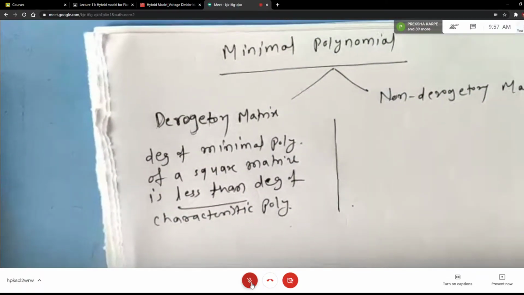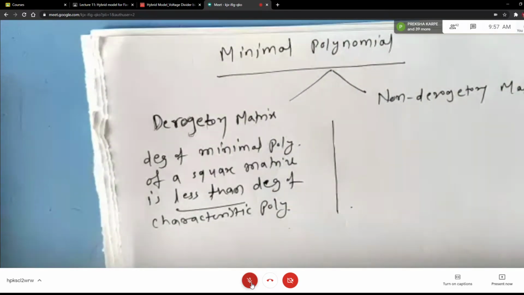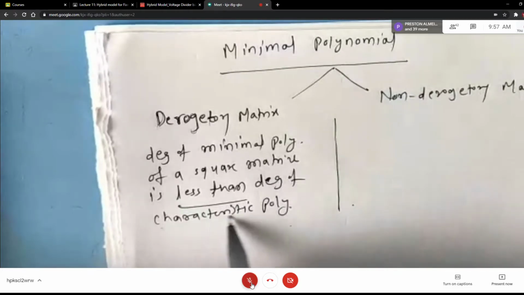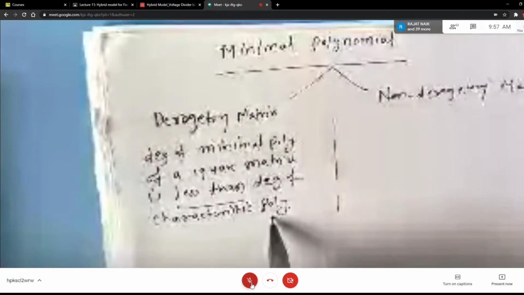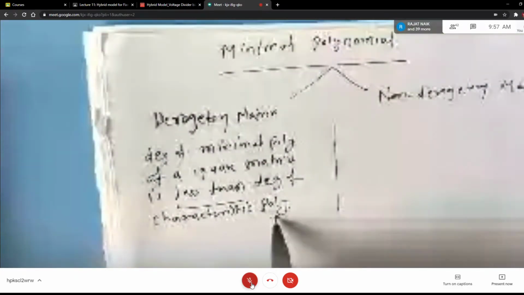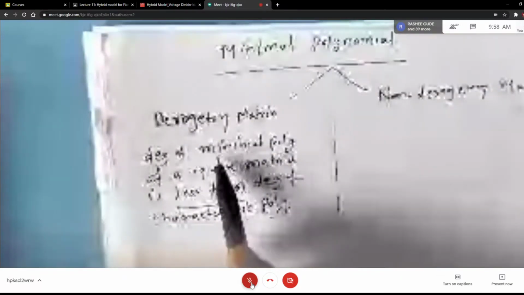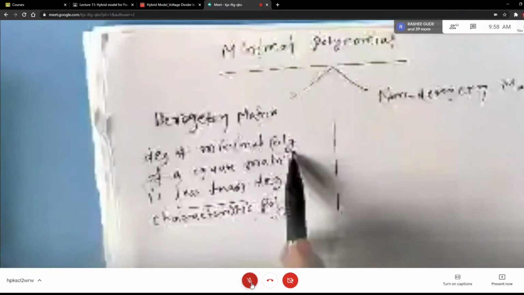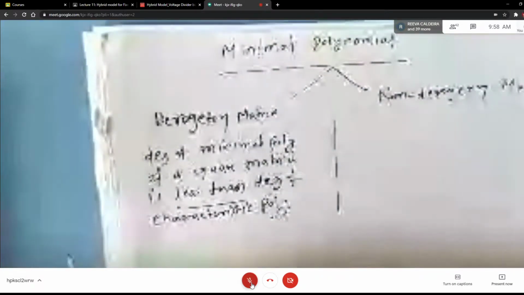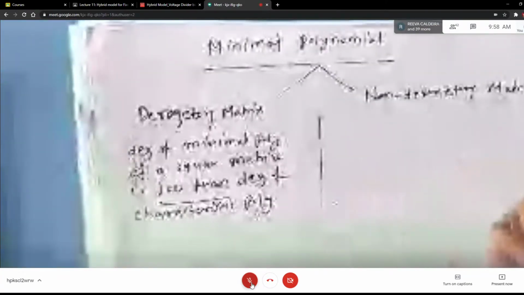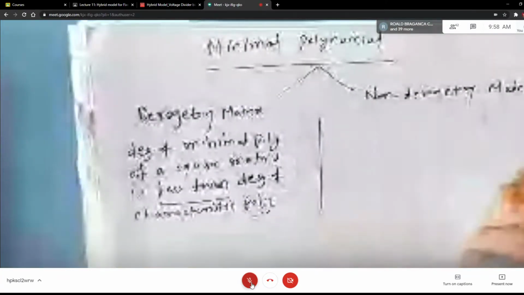So you are actually comparing the degrees. So you need not do anything to find out characteristic polynomial. Degree of characteristic polynomial will be same as the order of the matrix. But you have again something which is called minimal polynomial, which you have to find out and then compare the degrees. Similarly, in non-derogatory matrix, the degrees will be equal.